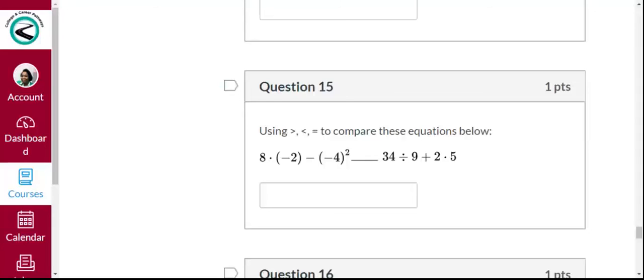So negative 32 compared to the mixed number 13 and 7/9, which is positive, when you read from left to right, negative 32 is less than, so you need to put a less than symbol here. It's going to be less than 13 7/9.